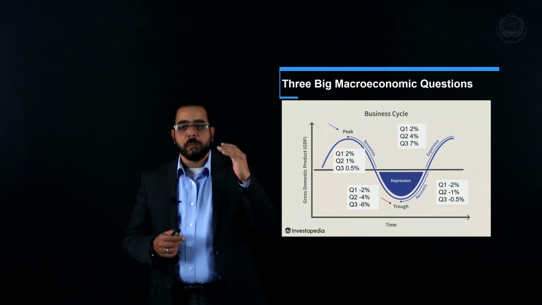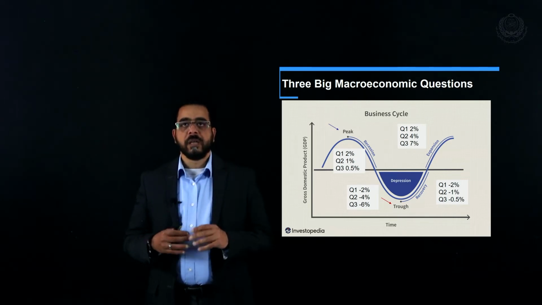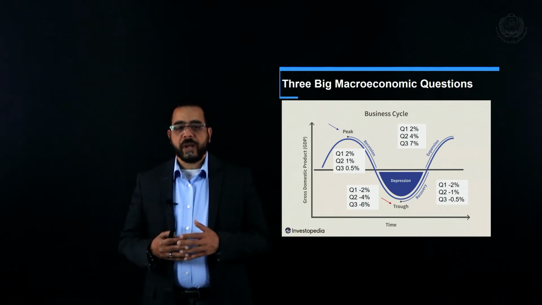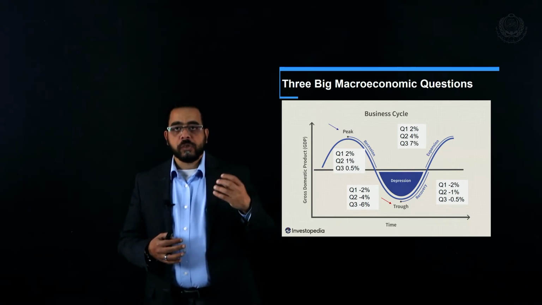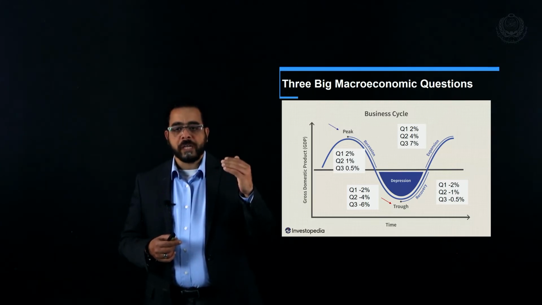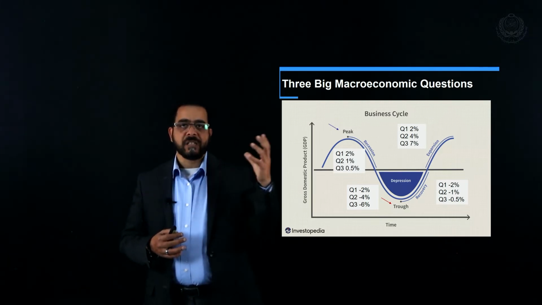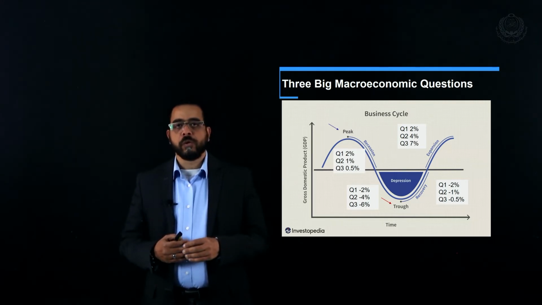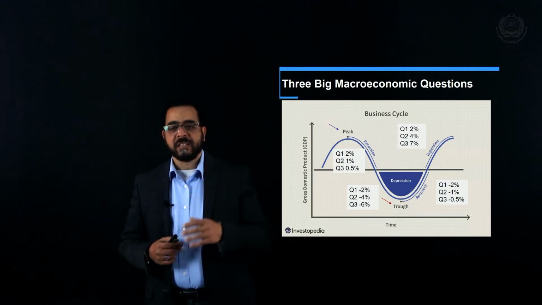So -2, -4, -6. When we are going out of this depression, the GDP growth is going up: -2, -1, -0.5, and finally we have expansion, which is accelerating economic growth: 2, 4, and 7.